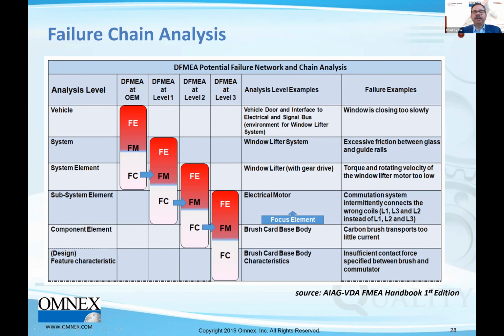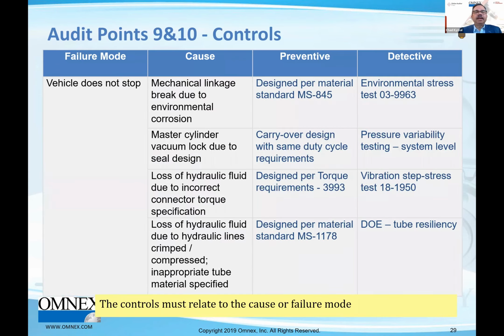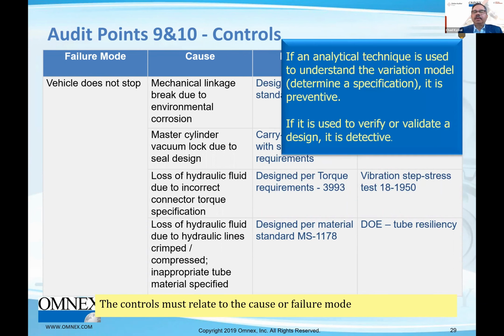All right. With that said, let's move on to 9 and 10, which is all about preventive controls and detective controls. And you can see here, how do you understand what is the difference between preventive and detective?